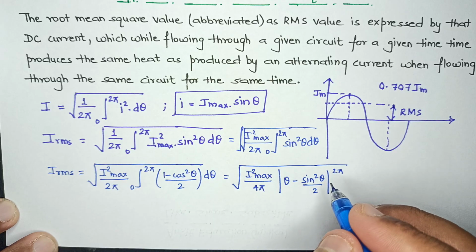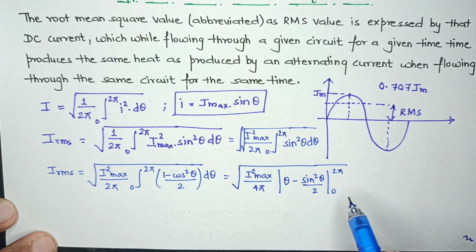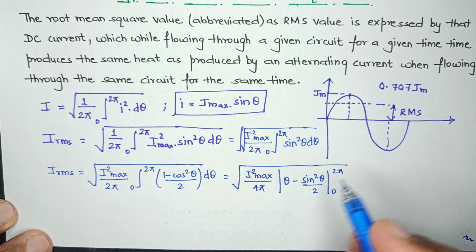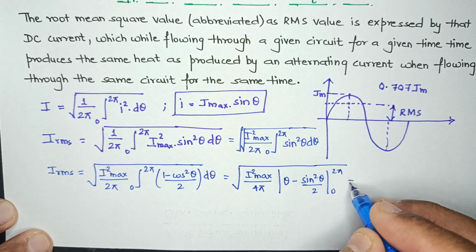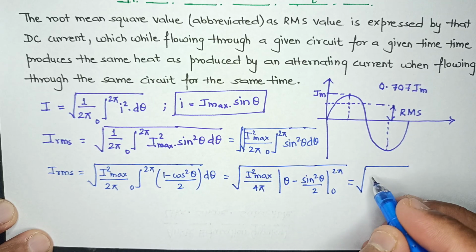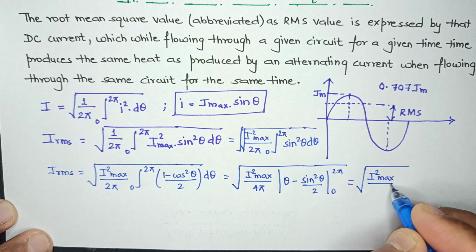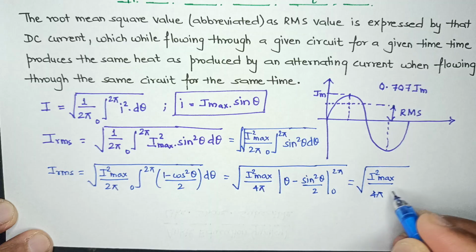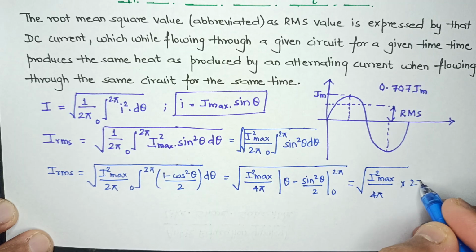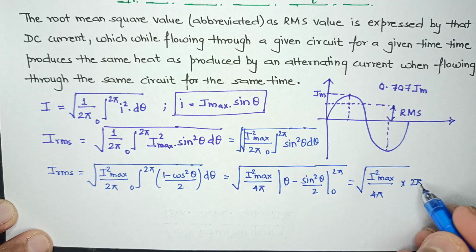And when we substitute all the values together, this entire integration comes out as 2 pi. So this is equal to the square root of Imax square divided by 4 pi multiplied by 2 pi, all inside the square root.